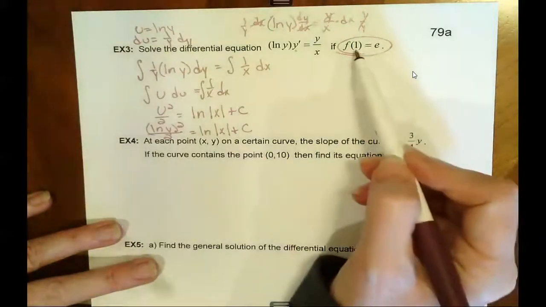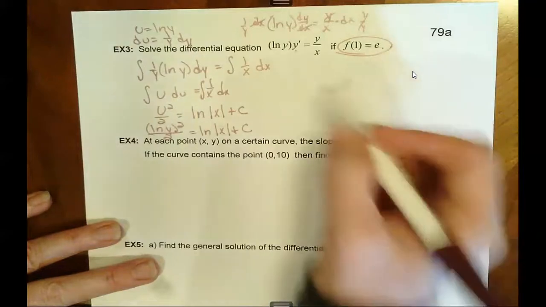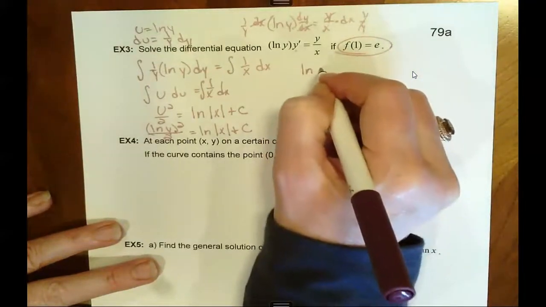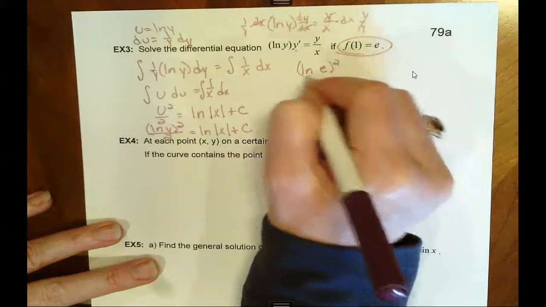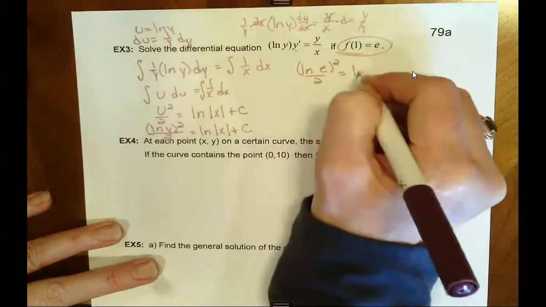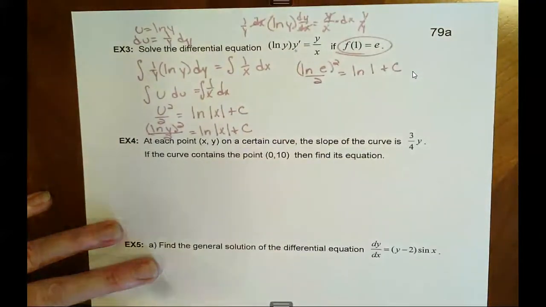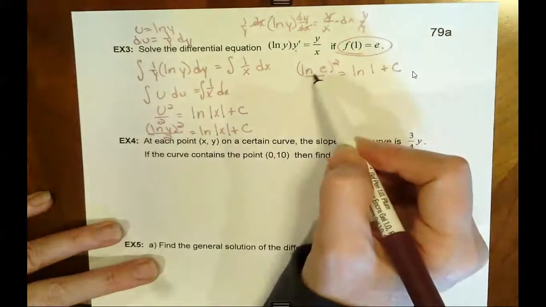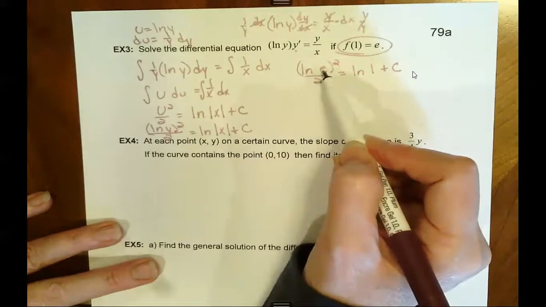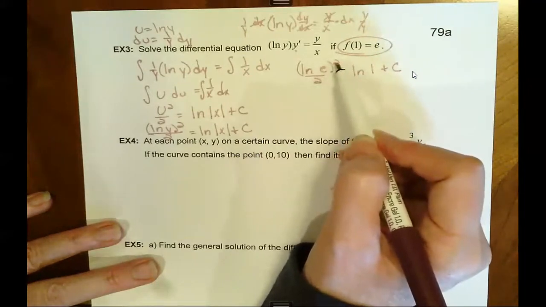They gave us a point so that we could solve for c. So we're going to go ahead and plug these in. This for x, e for y. So we'll have ln of e squared over 2 equals ln of 1 plus c. All right, so e to what power gives you e? That's just 1. And 1 squared would be 1.